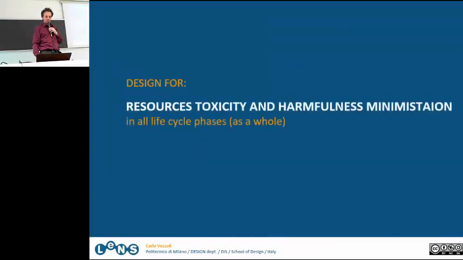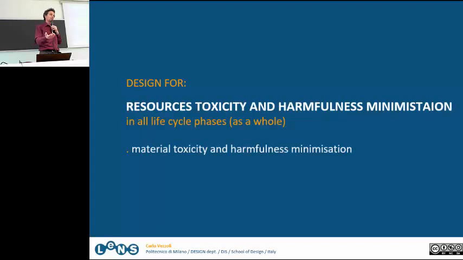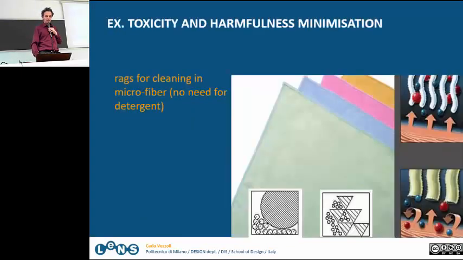Design for resource toxicity and minimization, again, life cycle. And this could be when you speak about resources, about material and energy, of course. So this is a very easy example. These are rags made of microfiber.